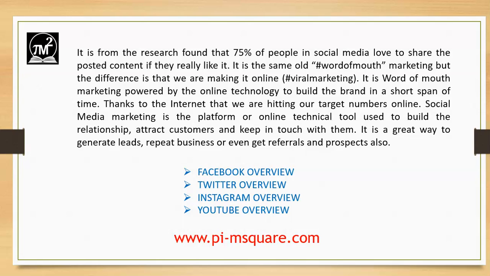Based on your business, your target audience, and your geography, where your business is present, and how you are going to reach your target audience, that determines which medium and strategy you have to use in social media marketing. But the major part of social media marketing happens through four major channels: Facebook, Twitter, Instagram, and YouTube.